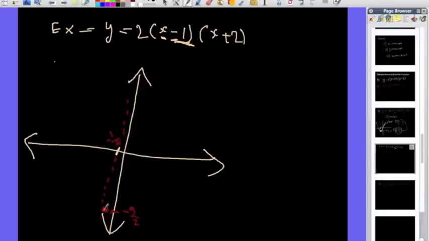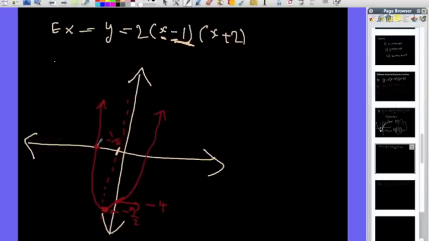And this would be the y-intercept, where y was -4, right? Then it goes up like that, and then it goes up like that.